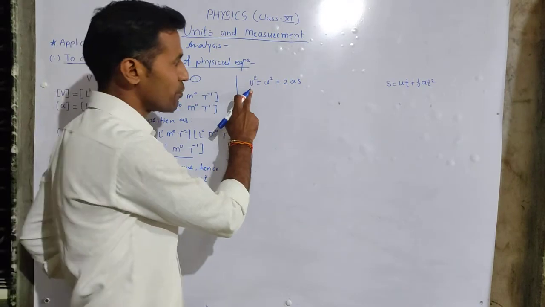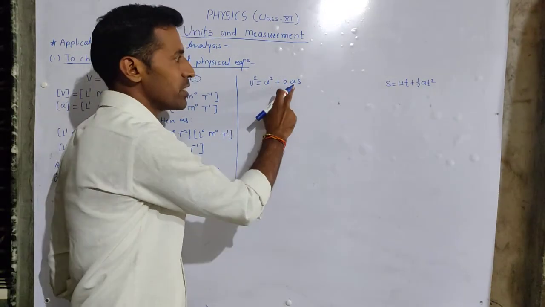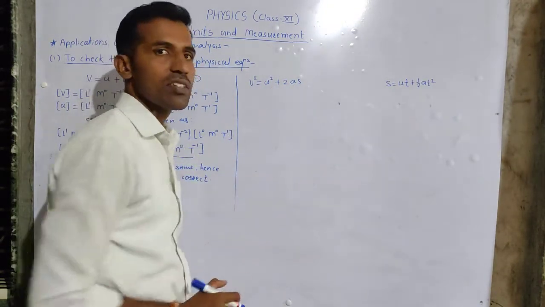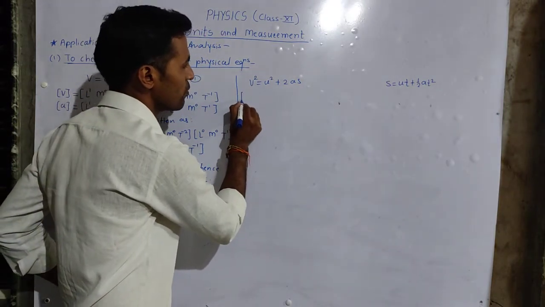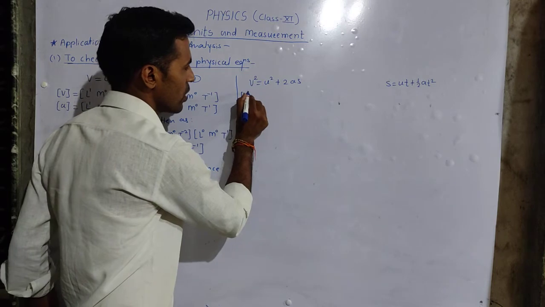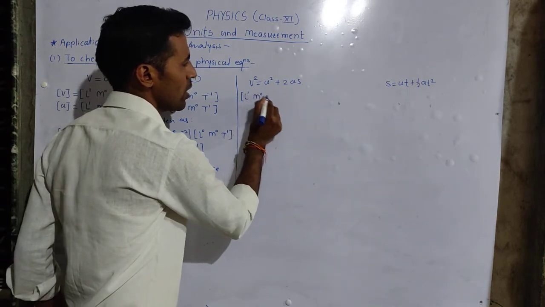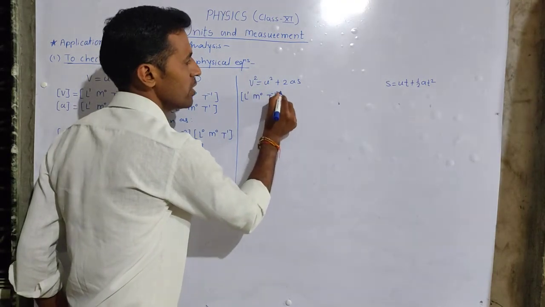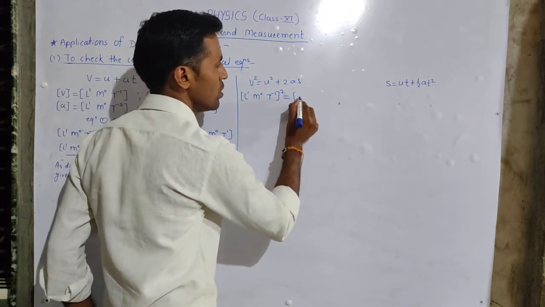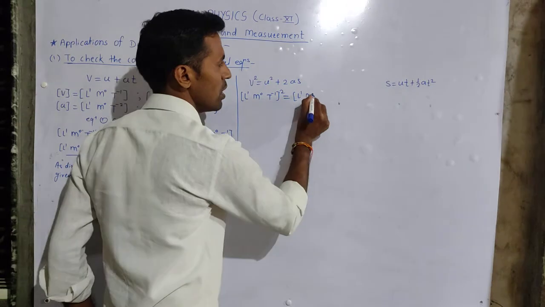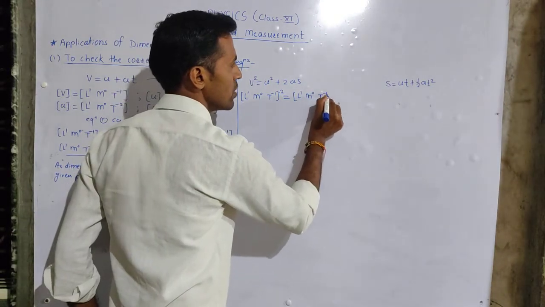Let's write the dimension of v square, then dimension of u square, then dimension of acceleration, and s is the displacement here. If we write the dimensions of v square, then we get L1 m0 t minus 1 squared, is equal to dimensions of u, L1 m0 t minus 1.